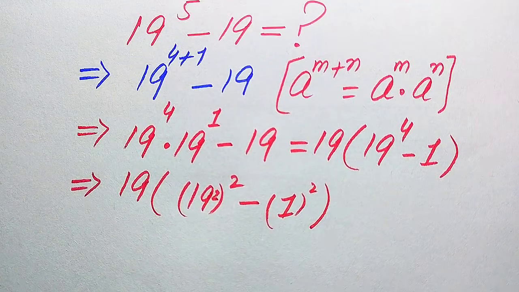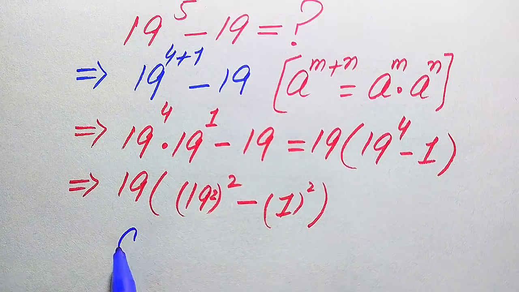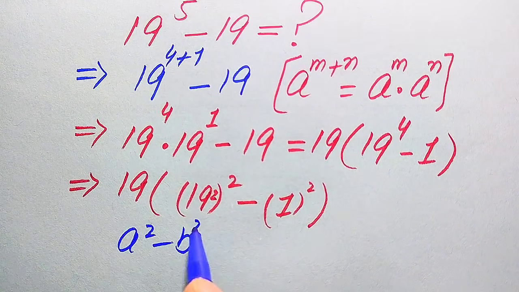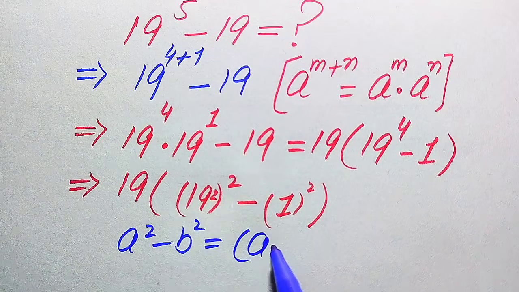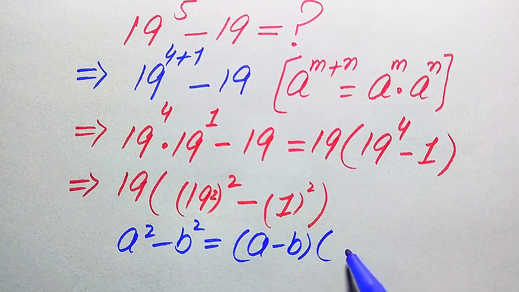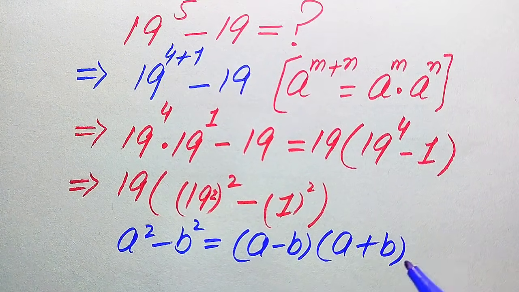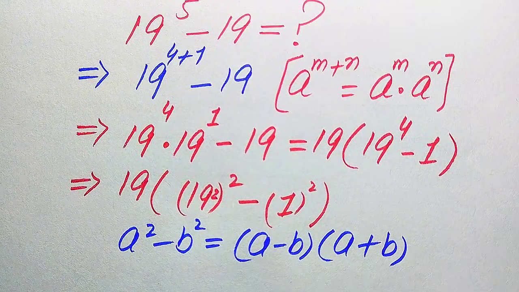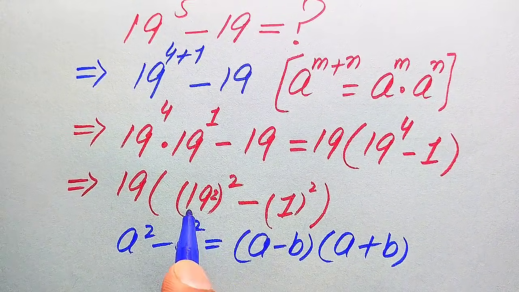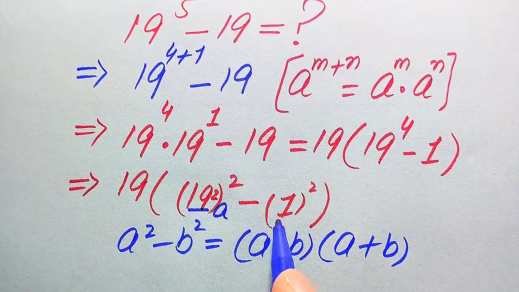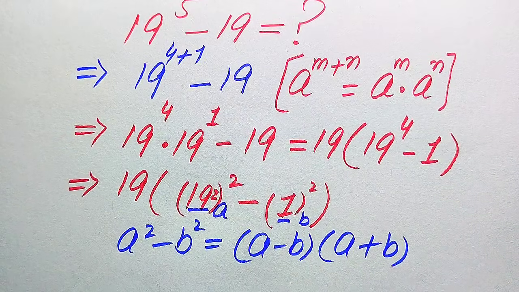And in the next step we use the nice algebraic formula. You know about that: if we have a square minus b square, it is equal to a minus b times a plus b. So according to this formula, you see here the base of this term is our a and the base of this term is our b.